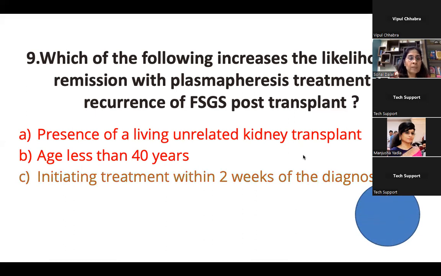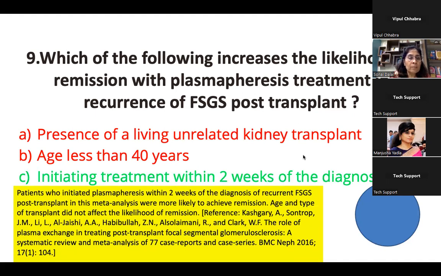Time up. The correct answer is initiating treatment within 2 weeks of the diagnosis. Sooner you start, better you get the response. Within 2 weeks, if you start for recurrence, the response rate is much better.